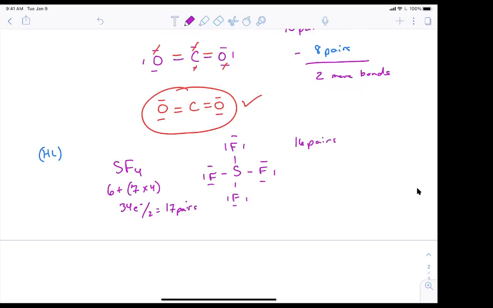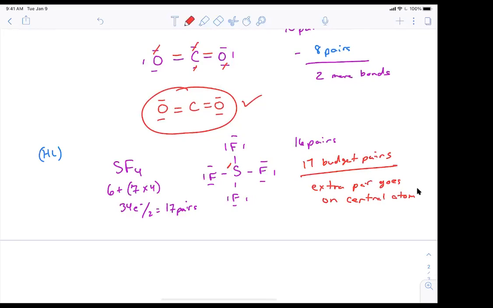So you have an electron pair that's unaccounted for. And that extra electron pair goes on the central atom. So then you just put it on the sulfur. Anytime you have extra pairs, you put it on the central atom, because that's an expanded octet. So that's how you figure out all your expanded octets as well.